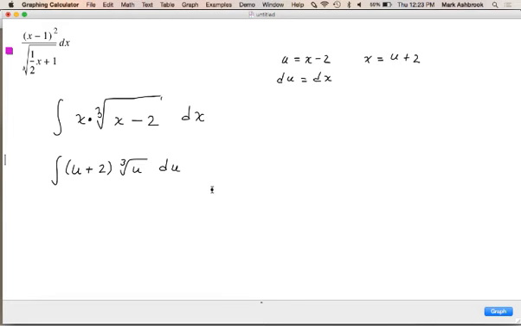Okay, here's what you should have got. Is that what you did? Yes, okay, and so then this is u to the 1/3. So basically we have u to the 4/3 plus 2u to the 3/7... home free, right?